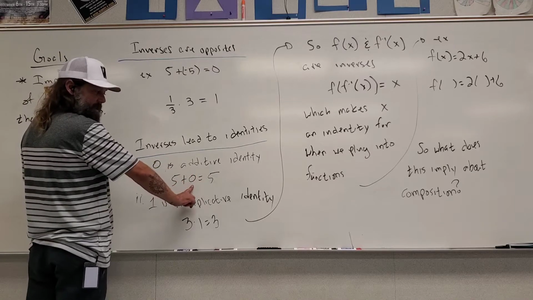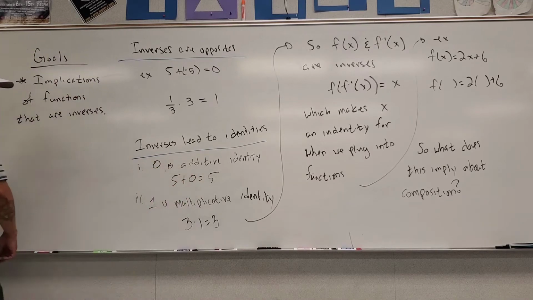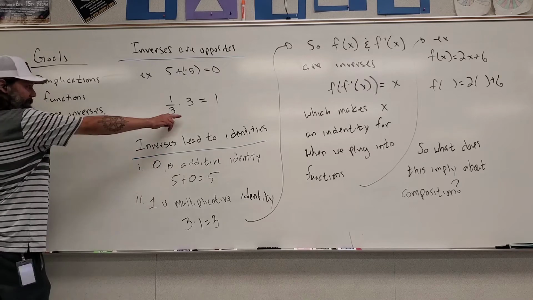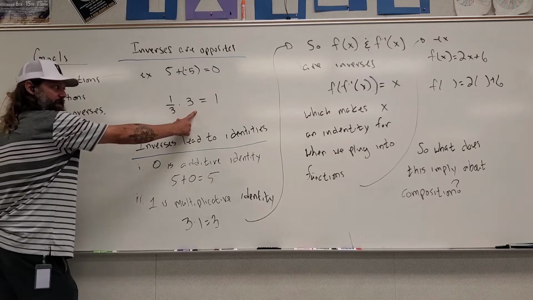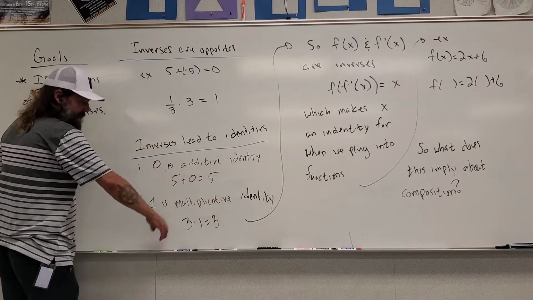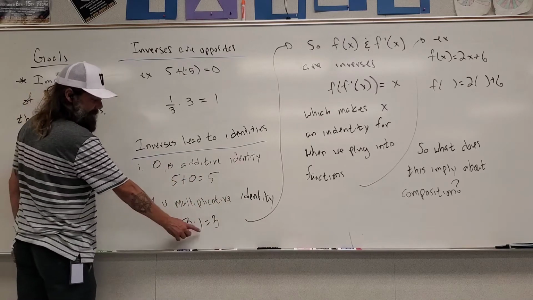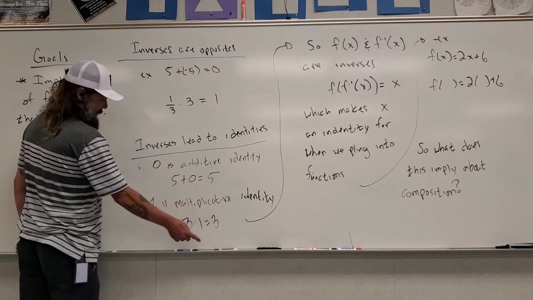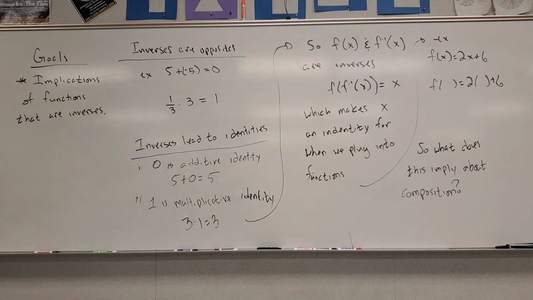That's why 0 is called the additive identity. 1 is the result of these opposites multiplying together, so 1 is the multiplicative identity. If I take any number and multiply it by 1, I get that same number back. So 1 is the multiplicative identity, 0 is the additive identity.